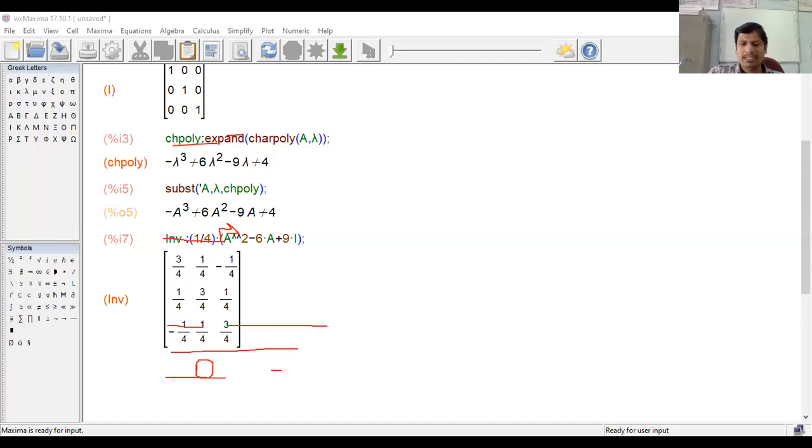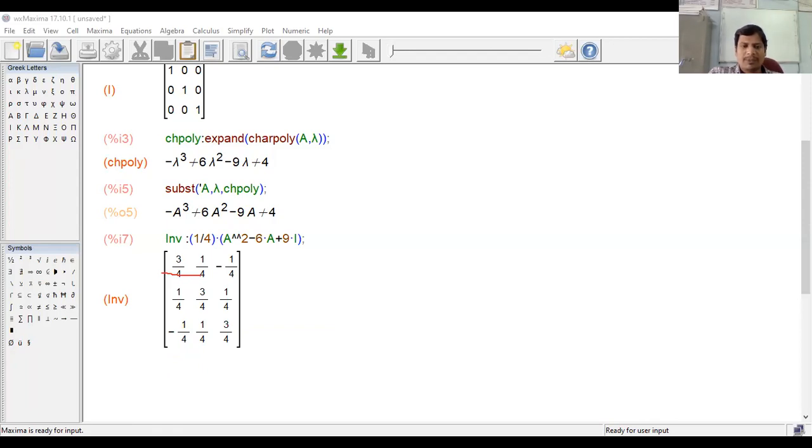Inverse means you take the inverse of A. Inverse of, that is 1 divided by 108, then star.